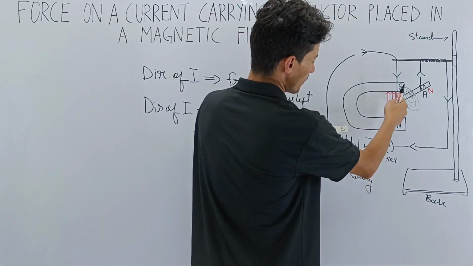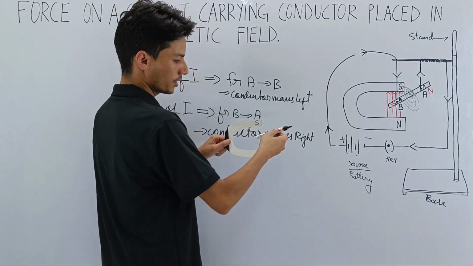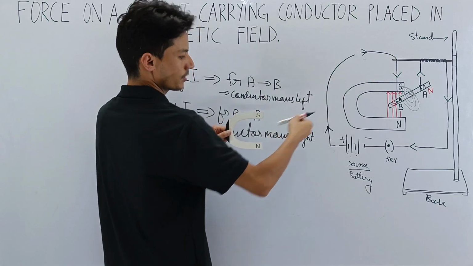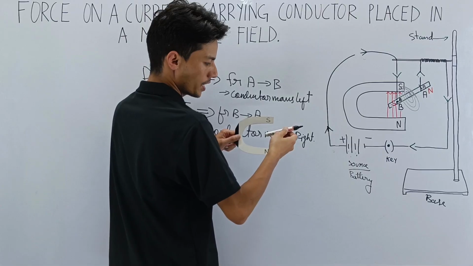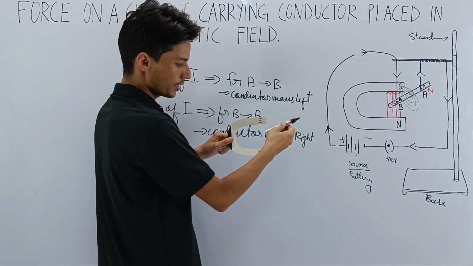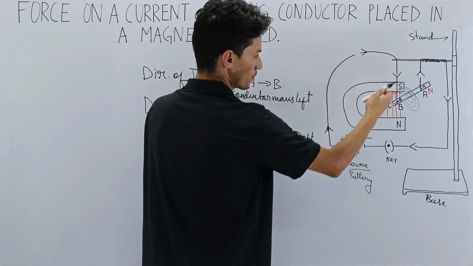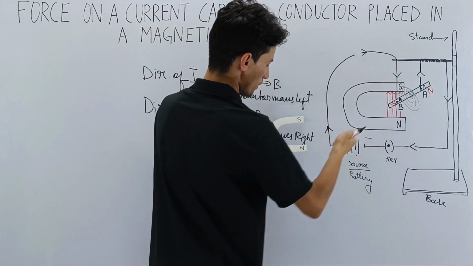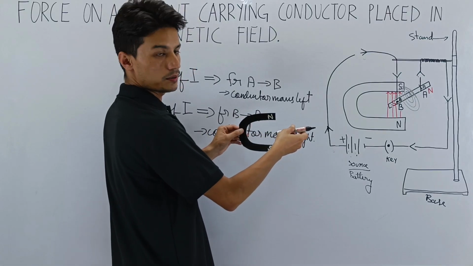Right now the conductor is moving towards our right, because south and south are together, so the conductor is experiencing repulsion. Now keeping the conductor fixed, and not changing the direction of current, that means let the current enter from B to A.